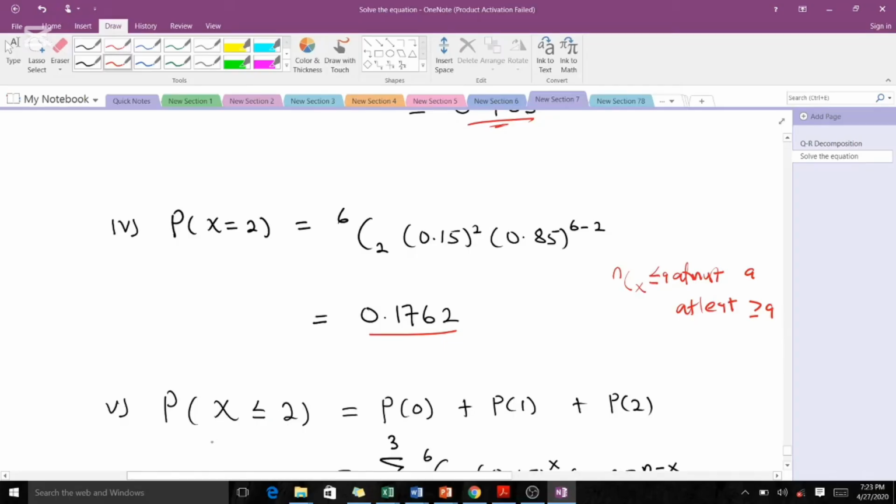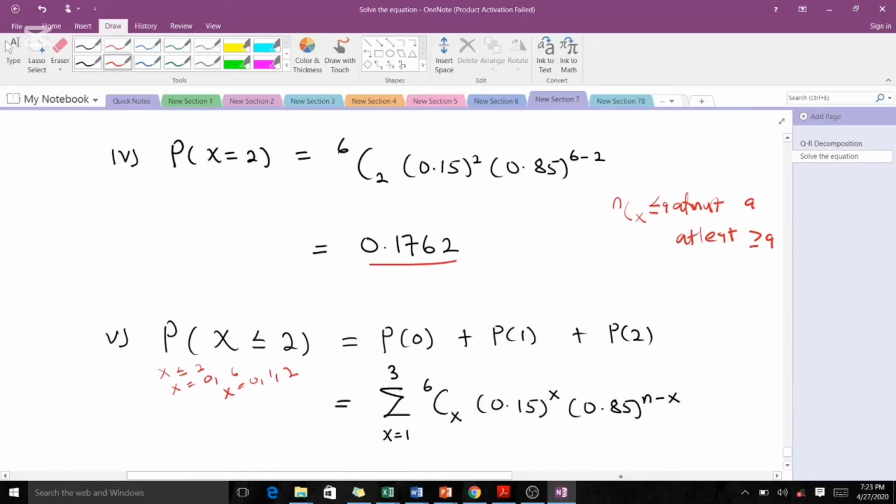So the probability at most is going to be x less than or equal to 2. Then x takes the values from 0 to 6, which means x here will be 0, 1, 2. So it is the same as the probability of x equals 0, plus x equals 1, plus the probability of x equals 2.